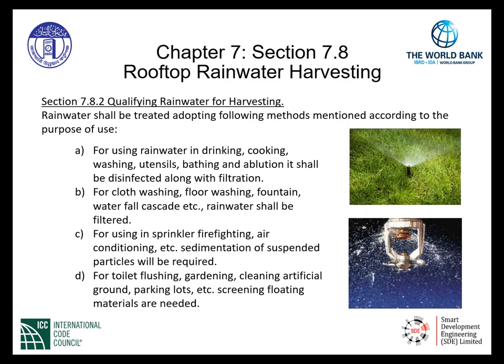A, for using rainwater in drinking, cooking, washing utensils, bathing, and ablution, it shall be disinfected along with filtration. Item B, for clothes washing, floor washing, fountain, waterfall cascade, etc., rainwater shall be filtered.